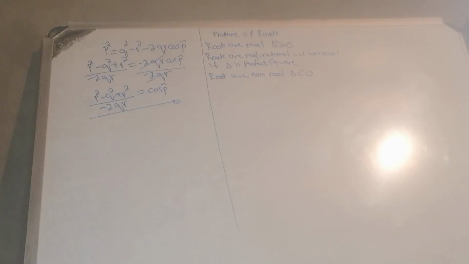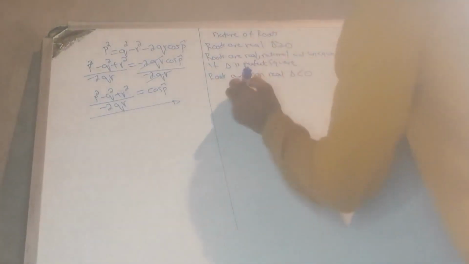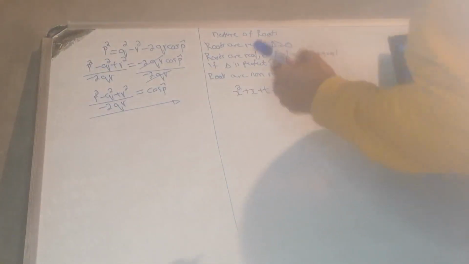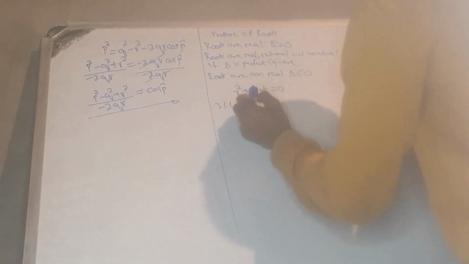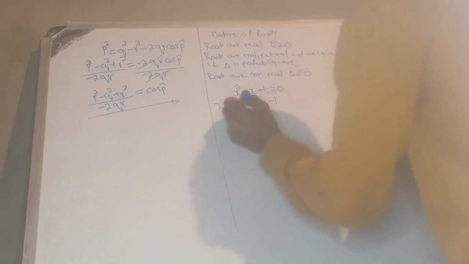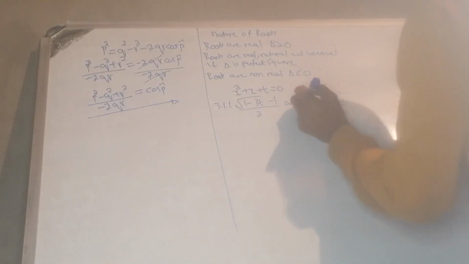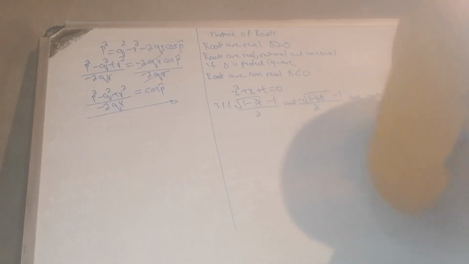But here is a question. Given the equation x squared plus x plus t equals 0, show that the square root of 1 minus 4t minus 1 over 2 and negative the square root of 1 minus 4t minus 1 all over 2 are the roots.